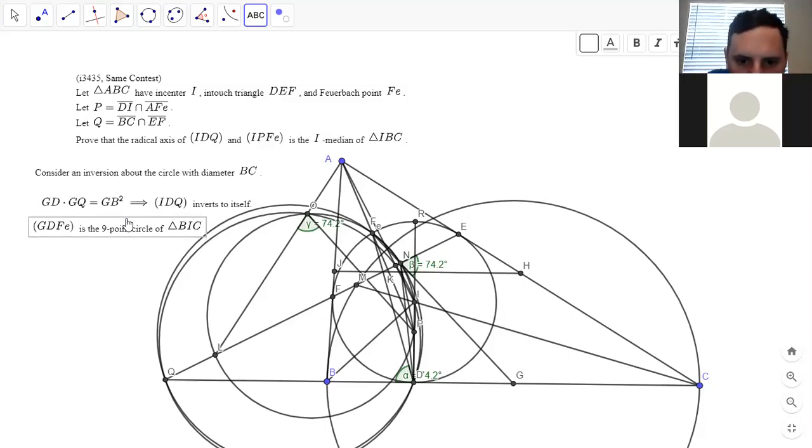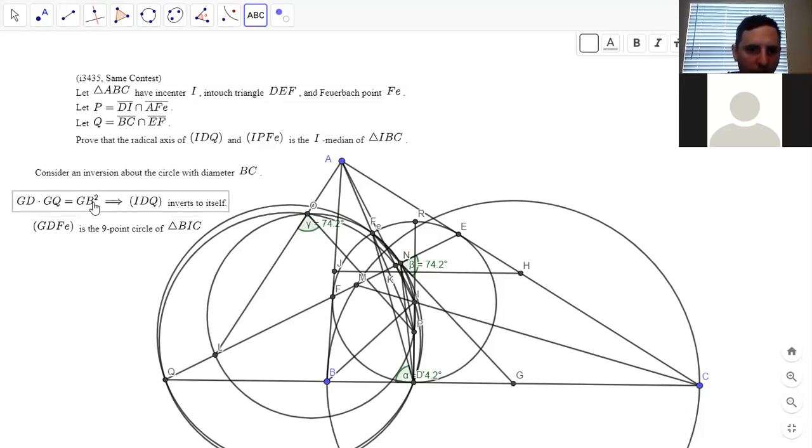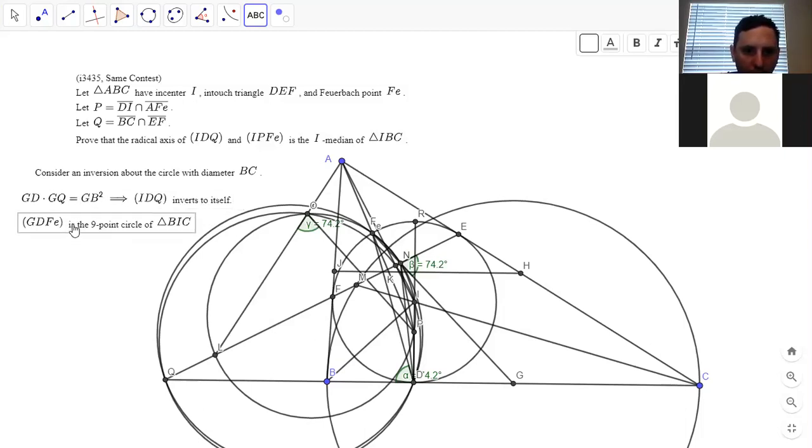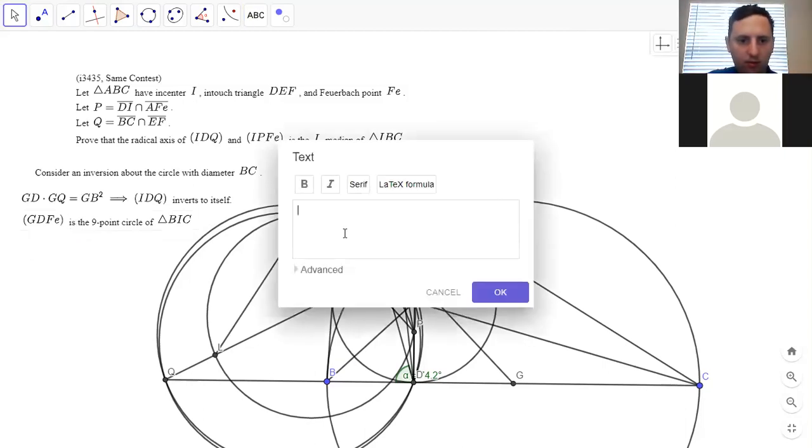We want to show that angle PNF equals angle GNE. So the inverse of FE lies on, I'll say the inverse N lies on line EF.